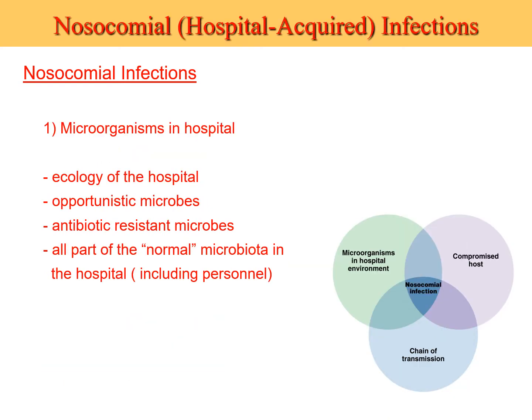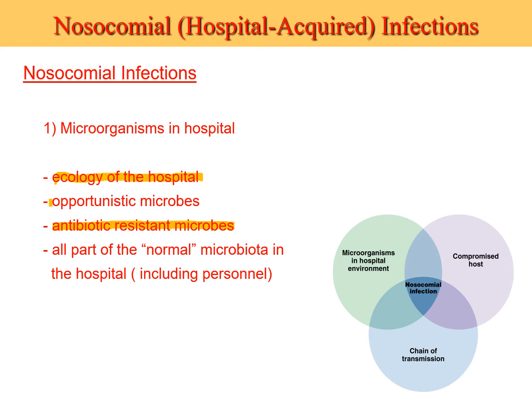Okay, so in terms of microorganisms in the hospital, as I said, the hospital is an environment, it has its own ecology, its own set of organisms that you find there. There are many antibiotic resistant microbes in the hospital environment, many more than elsewhere because there's a lot more antibiotics used. So the odds of finding antibiotic resistant ones are much higher.